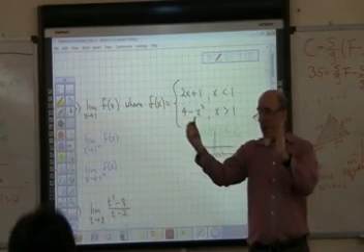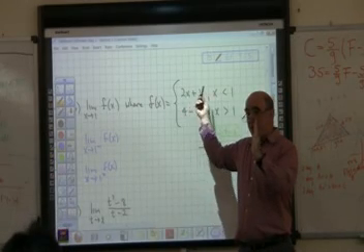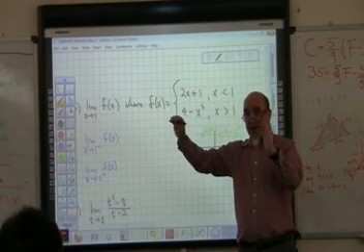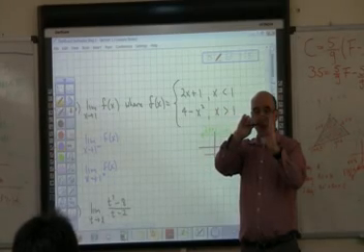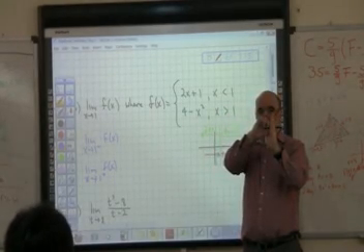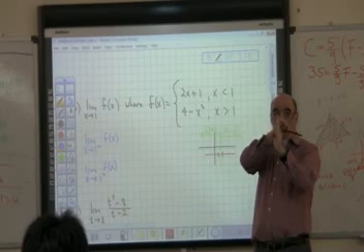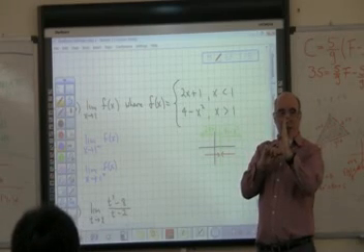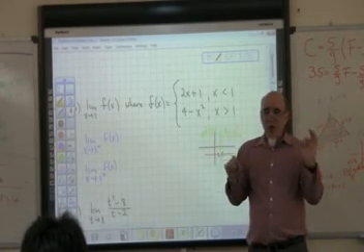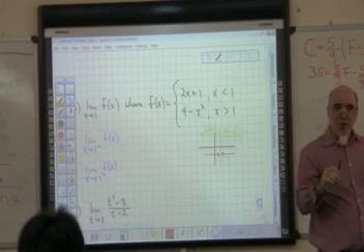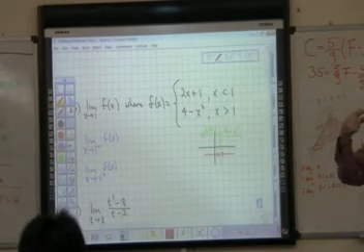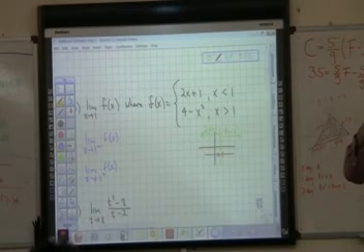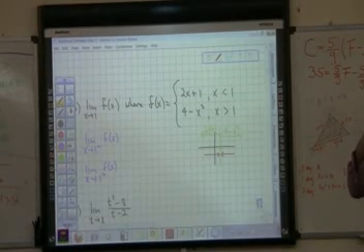I am coming from using this as my function. On the left-hand side, I'm using 2x plus 1 as my function. The minute I hit 1 and move on to the other side, I'm going to use 4 minus x squared as my function. Right? So I'm very often interested, when I get to 1, is my ending place from the left the same as my starting place for the other?